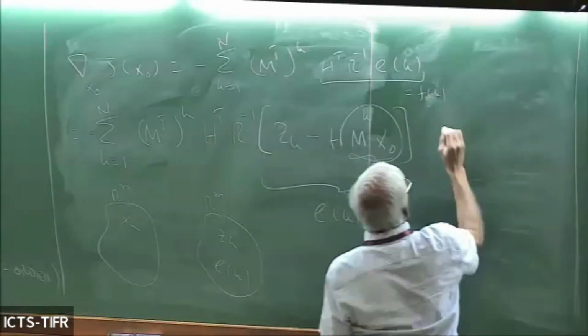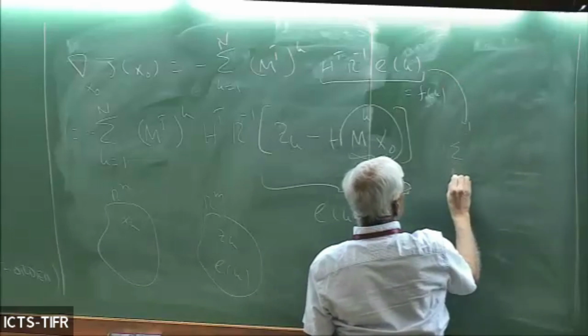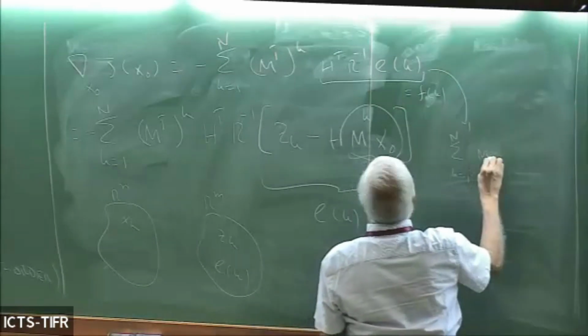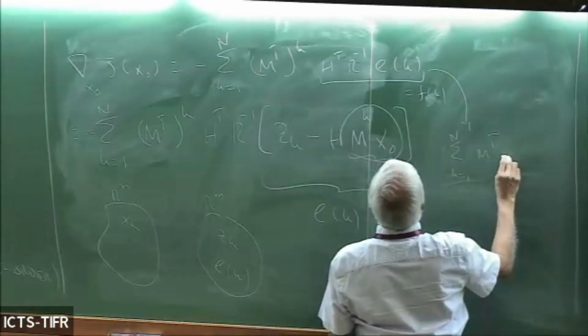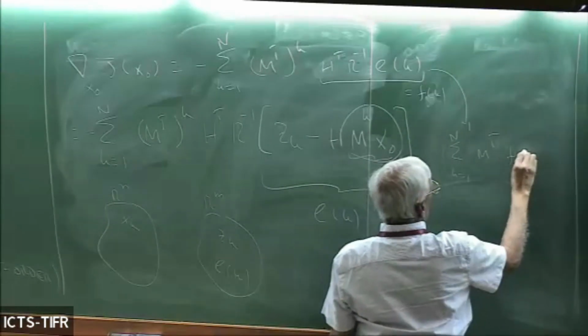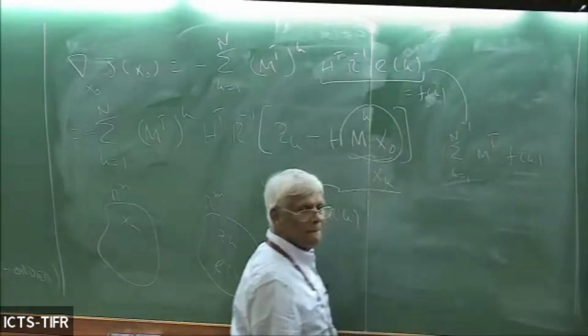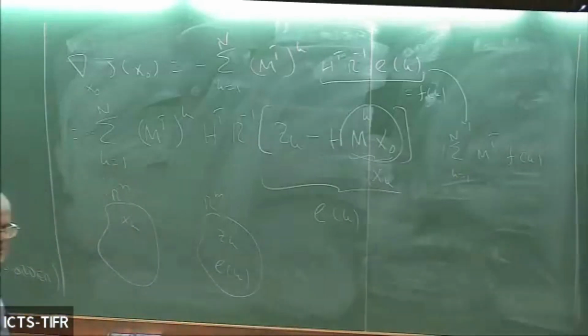Therefore, I can rewrite this as summation k is equal to 1 to n, m transpose f of k. I'm going to give a specific meaning for each of these things, but let's do it algebraically like this.